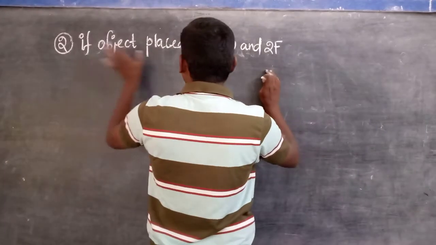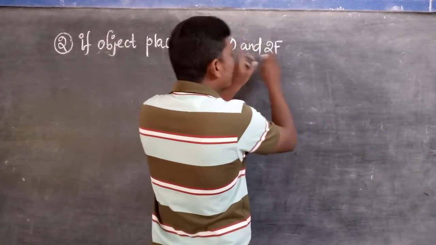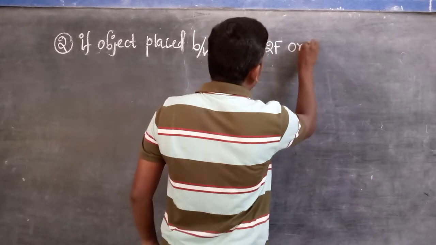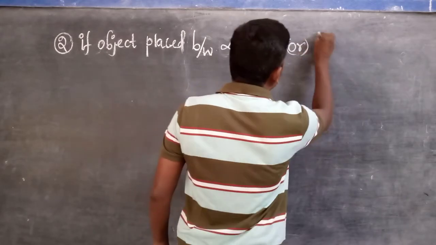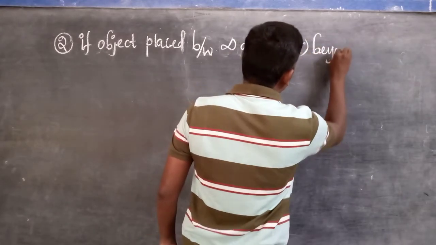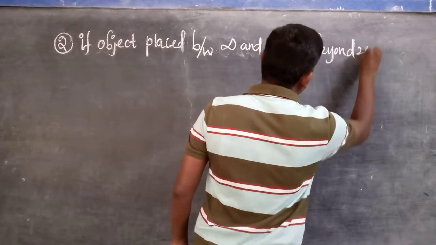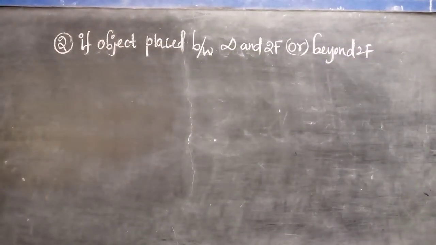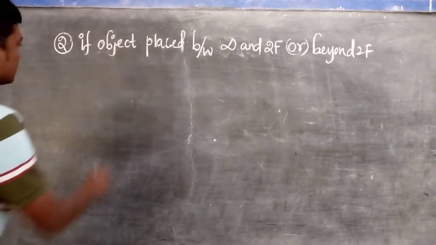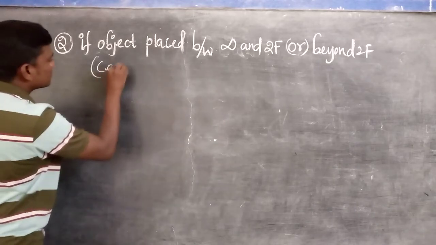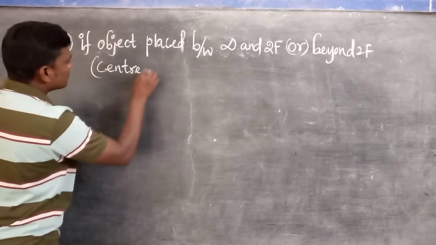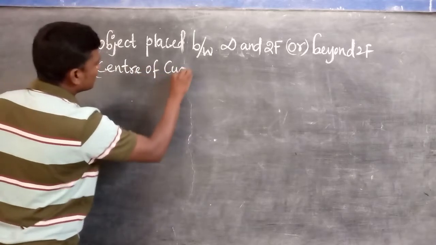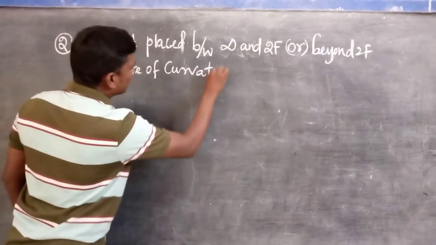Sorry, if an object is placed between infinity and 2F, it is also called beyond 2F or beyond the center of curvature.